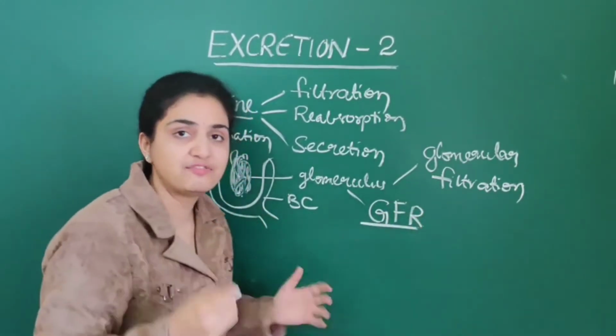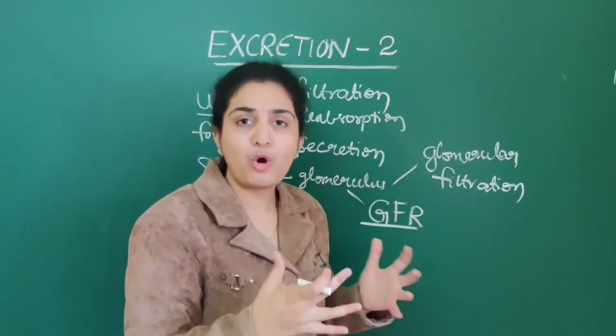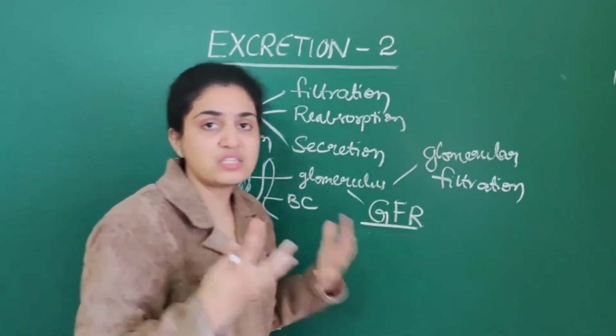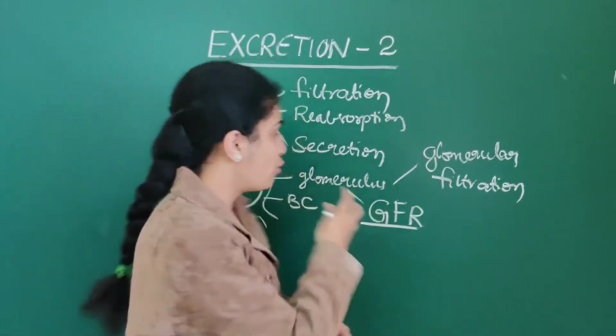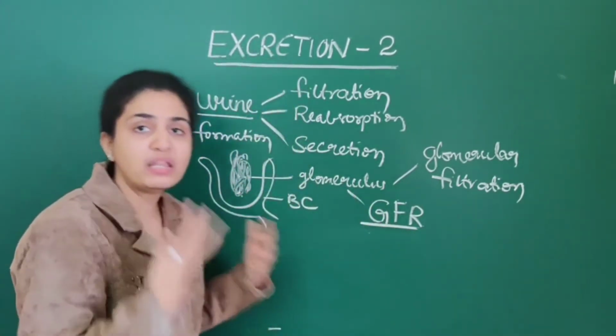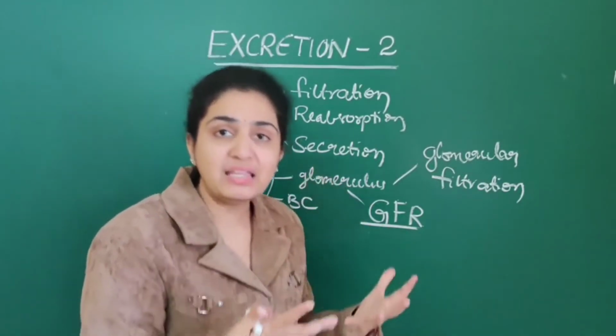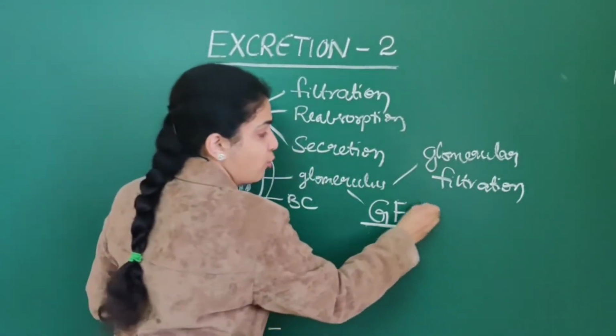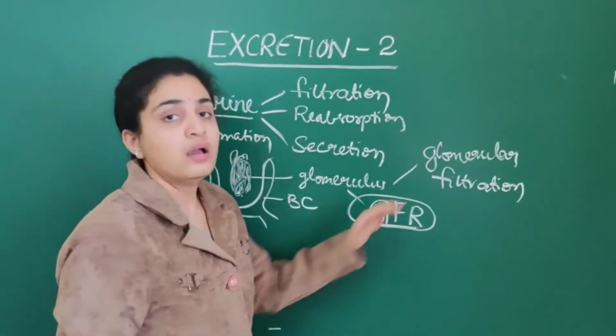We say GFR. An important NEET question they will ask is, what is GFR? The amount of filtrate that is formed in the glomerulus by the kidneys per minute. It is called glomerular filtration rate.